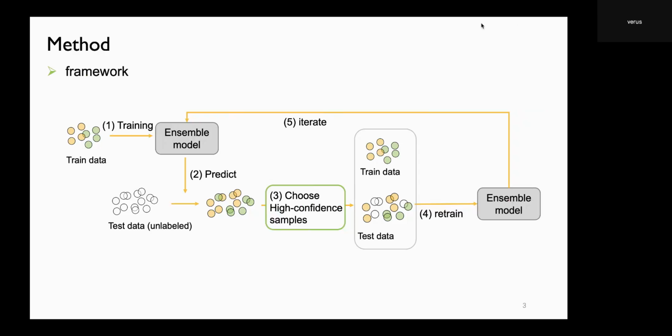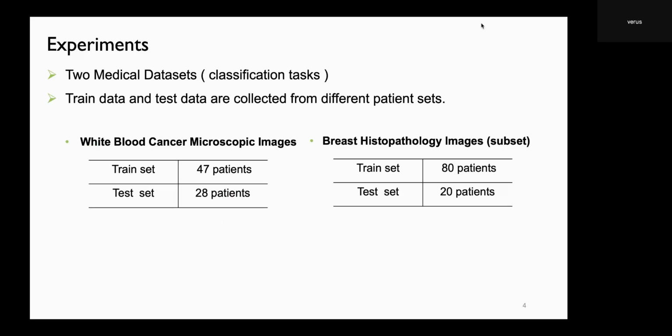So let's move to the experiment part. We use 2 medical datasets to confirm the performance of our method. One is white blood cancer microscopic images, and the other is breast histopathology images.